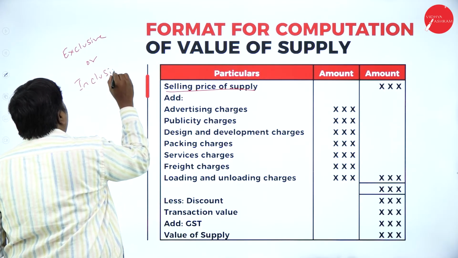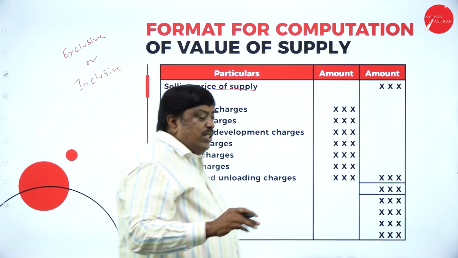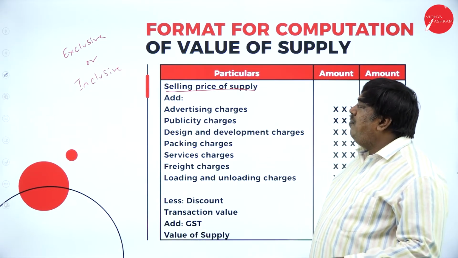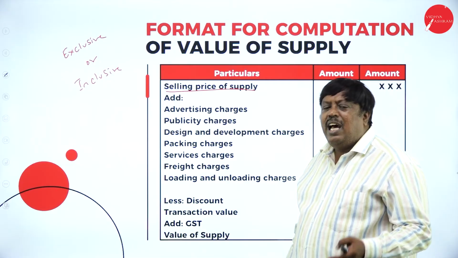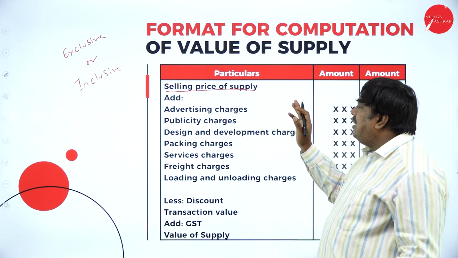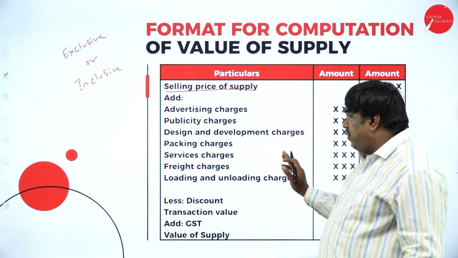Check that. If it is exclusive of tax, there is no need to calculate any tax here. If it is inclusive of tax, I have to deduct the tax amount, then write only the selling price of the supply of goods.